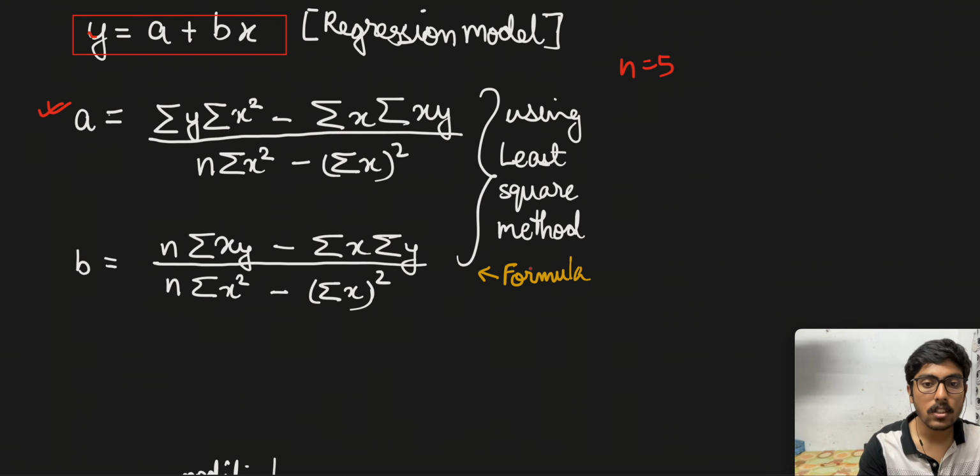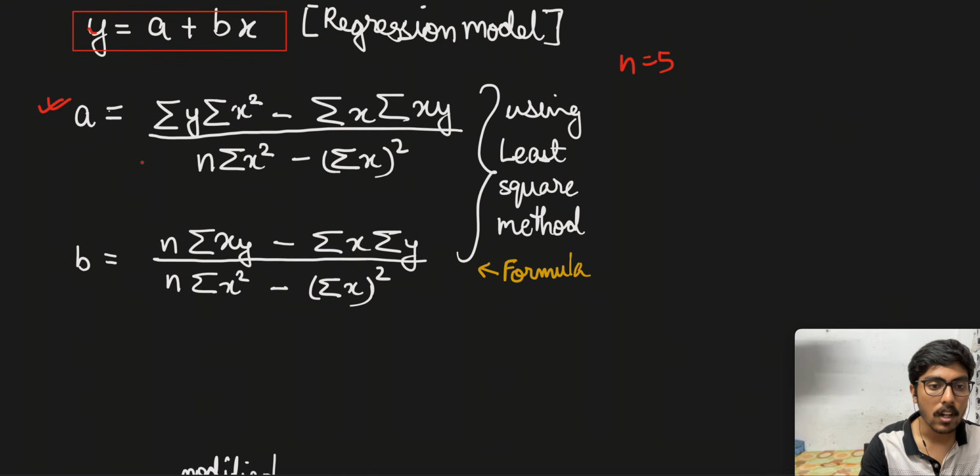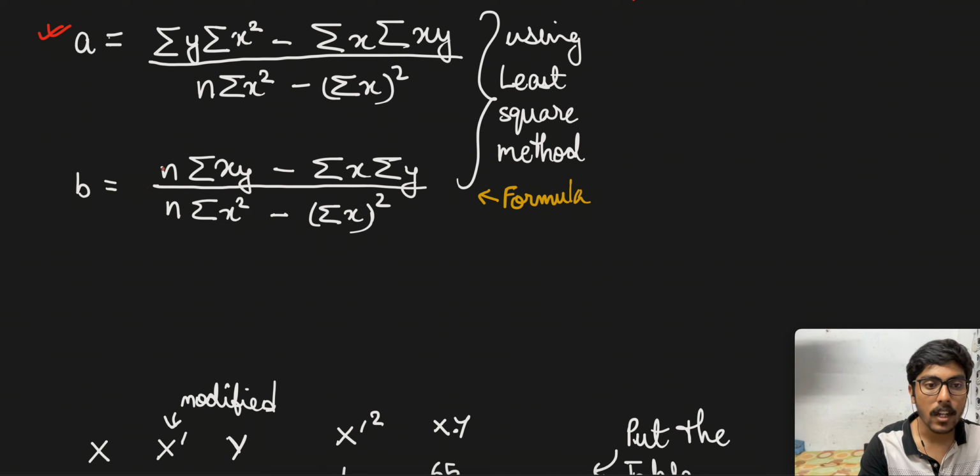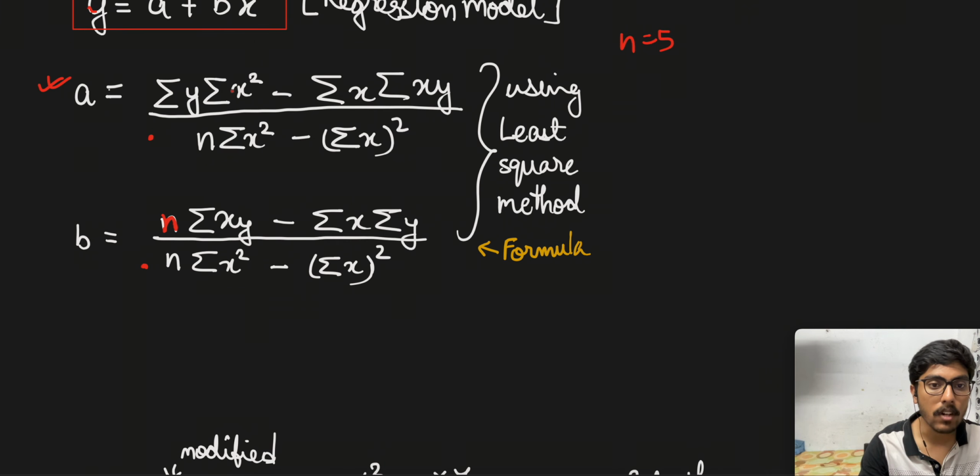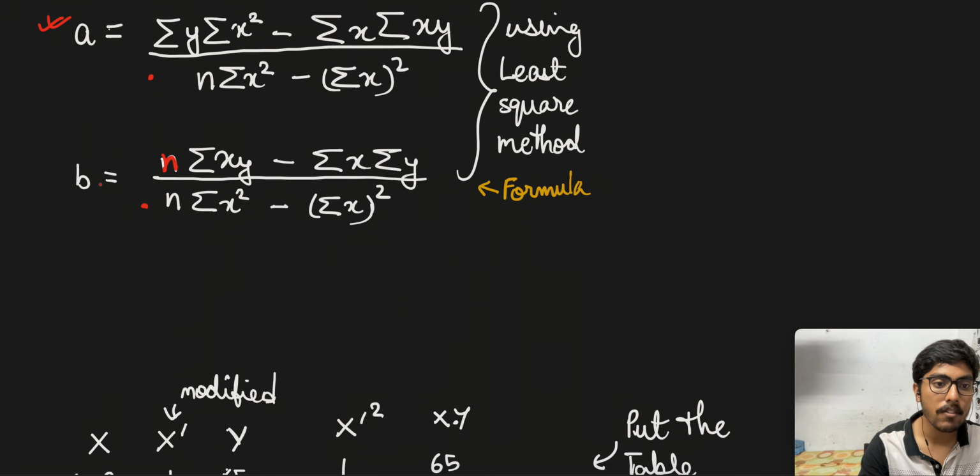Similarly for b we have n into summation xy minus summation x into summation y, by n into summation x square minus summation of x whole square. You can remember these two by a basic trick that both of them have the same denominator. In the a part we have summation y into summation x squared minus summation x into summation xy, whereas in b we have n times summation xy minus summation x into summation y.